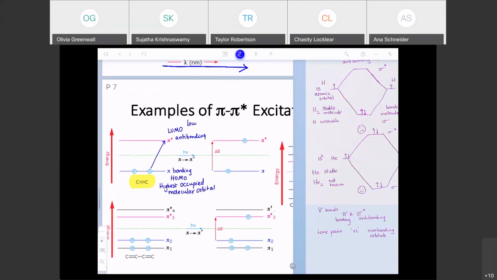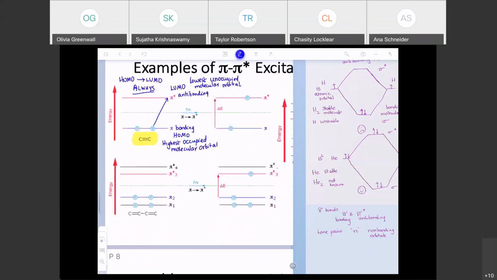This is the lowest unoccupied molecular orbital. The transition occurs from HOMO to LUMO, always, no exceptions. There's only one HOMO, there's only one LUMO, that's because it's a simple molecule. So you got to transition from HOMO to LUMO.